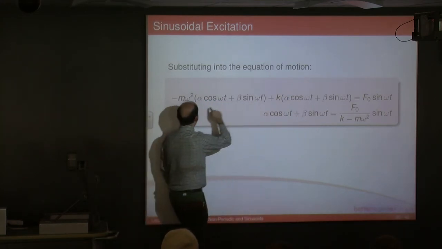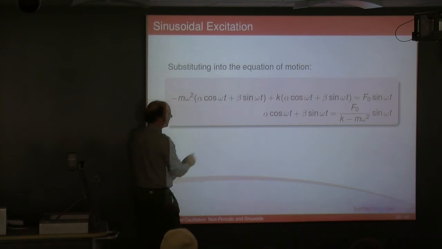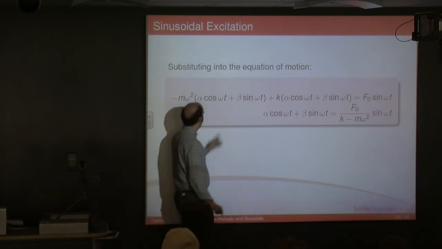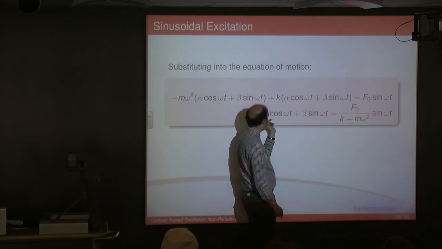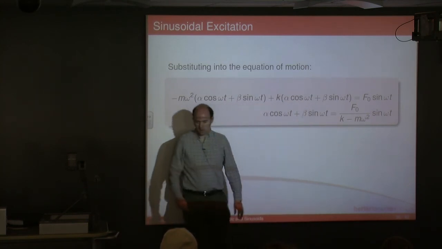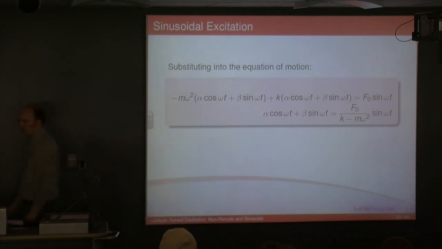So you take that out, and then you divide by what's left. So we have k minus m omega squared, and that drops down here, and you end up with alpha cosine omega t plus beta sine omega t equaling the forcing function times sine omega t divided by this k minus m omega squared.